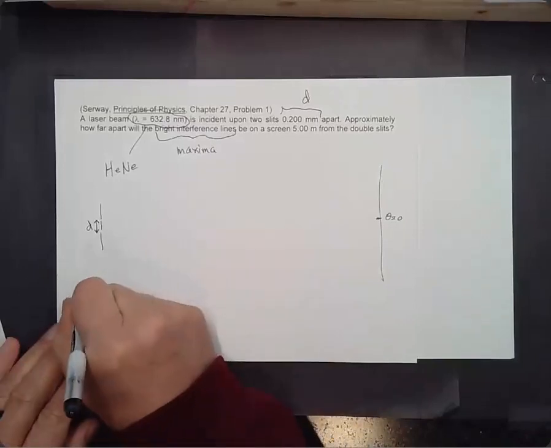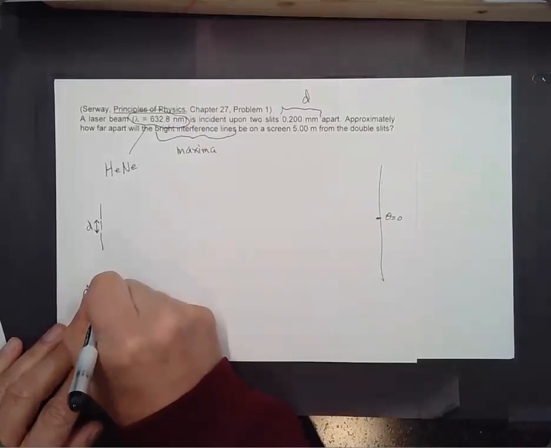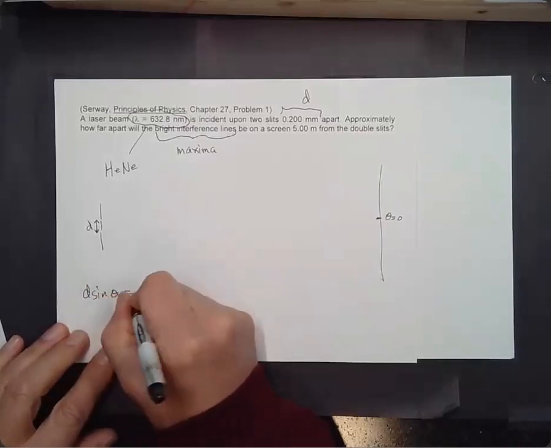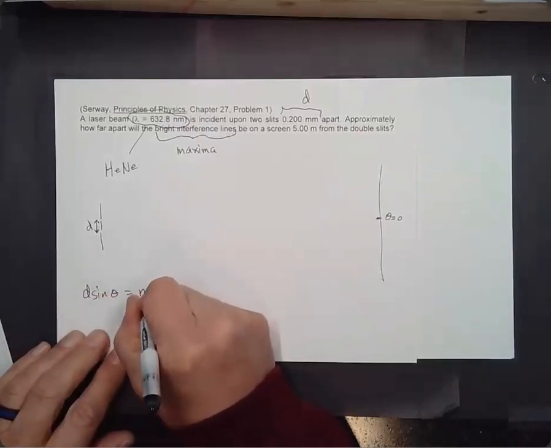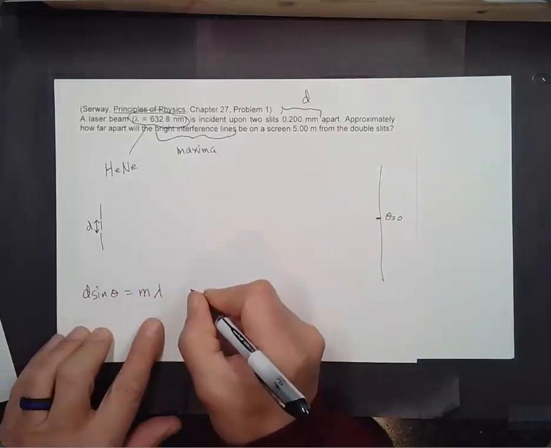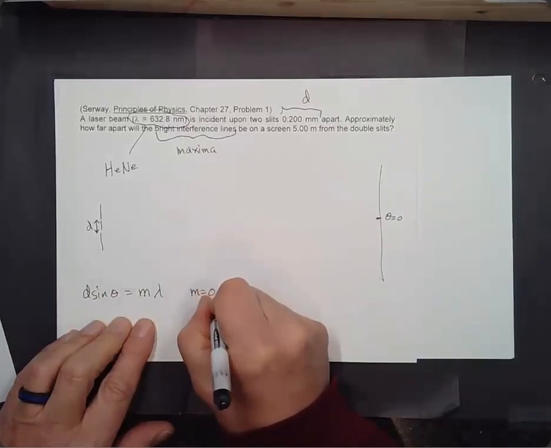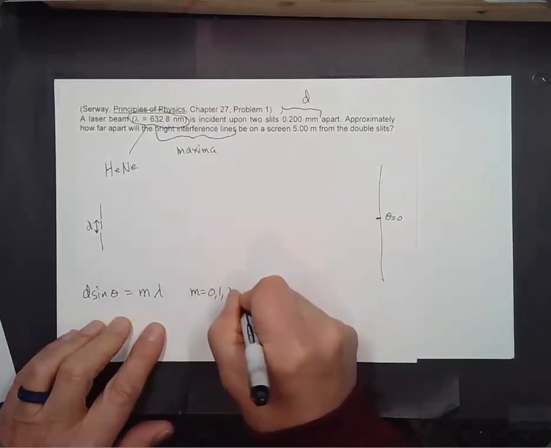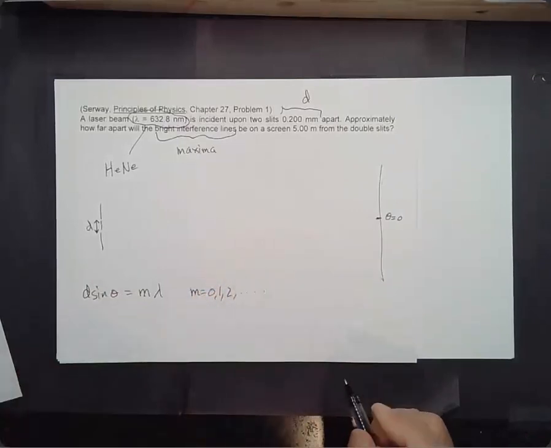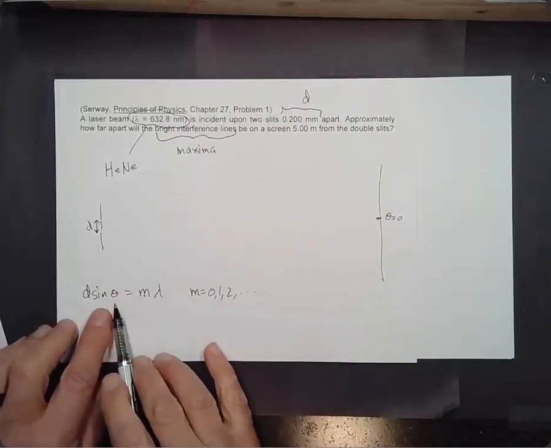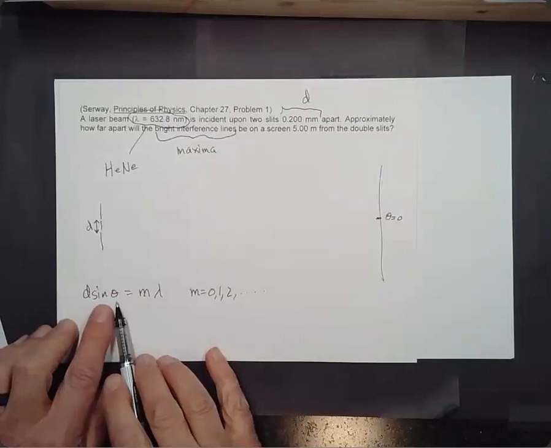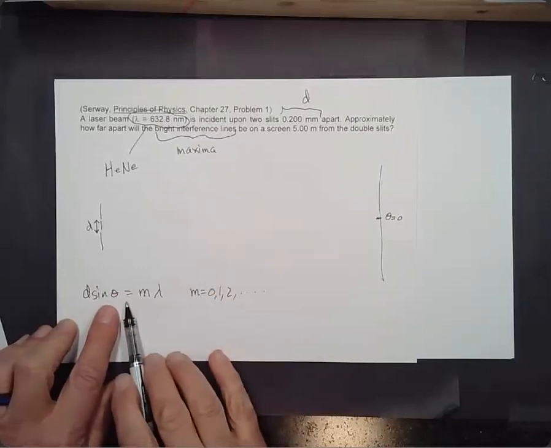We need to have d sine theta equaling m lambda. And for maxima, we have to have m equals 0, 1, 2, and so on. We may be dealing with theta in radians here, but we'll see what happens.